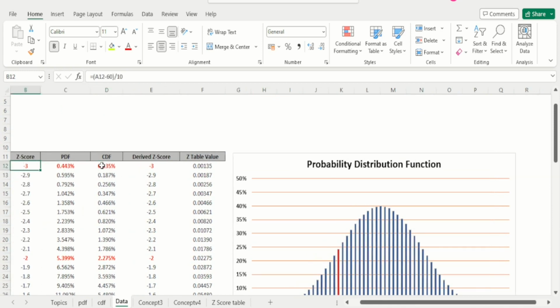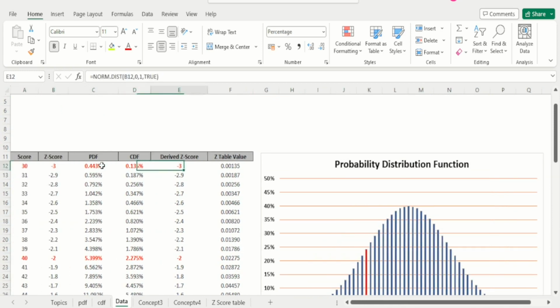So the next important thing that we have here is a derived z-score. Now, what the derived z-score column tells us here is, given the value of CDF, how do you arrive back at the value of X?